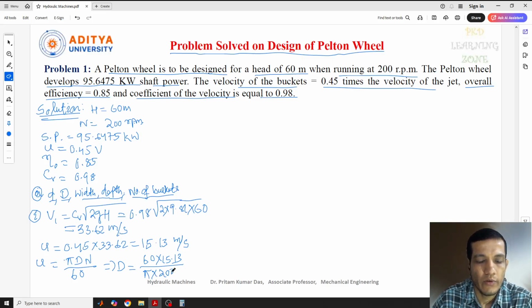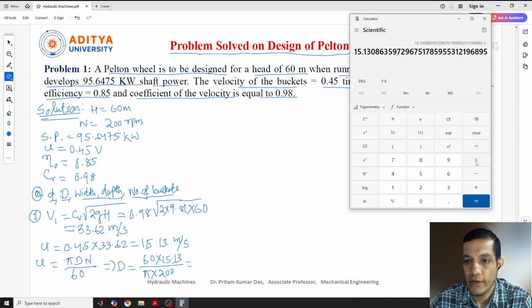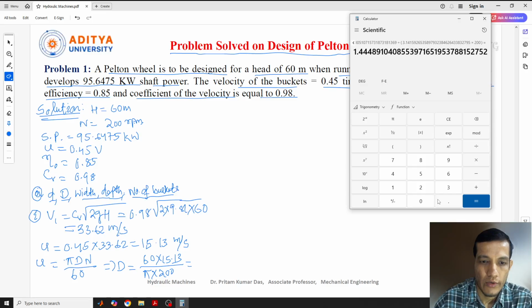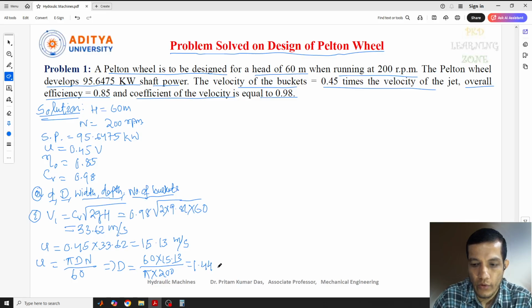Let's solve it: 60 into 15.13 divided by pi into 200, we get 1.44. So here we got the value of D equal to 1.44 meter. This is our one answer. Now the second answer we'll find out here.